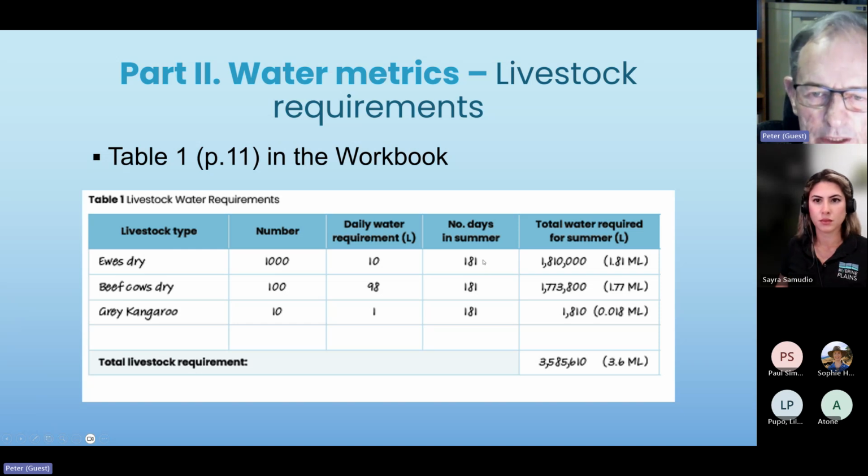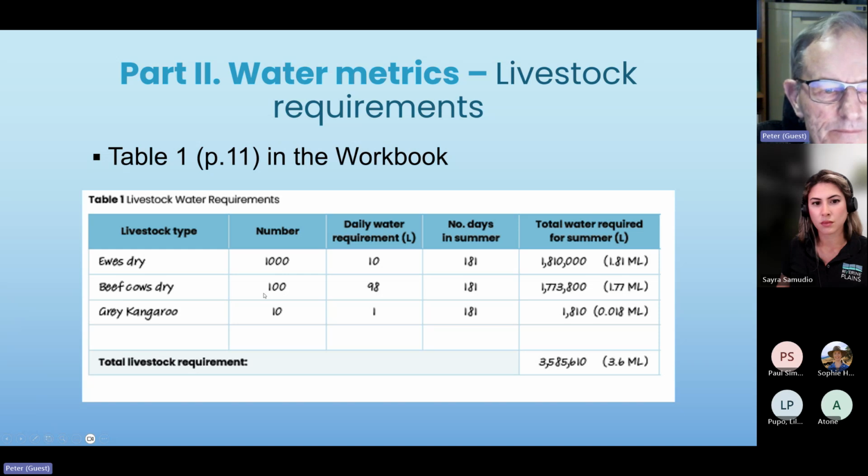But for now, we're assuming 181 days is the dry period of the year. So if we multiply those together, 1,000 by 10 by 181, we get 1,810,000 litres, or 1.81 megalitres. So that would be the water required for those 1,000 ewes over that 6 months of a dry summer.